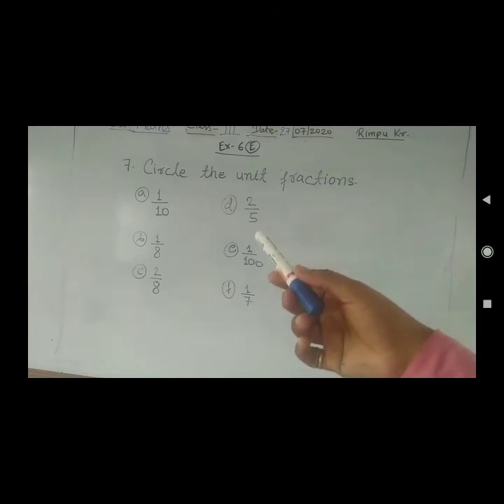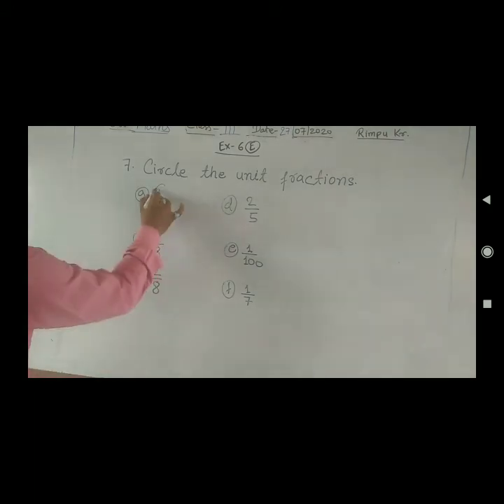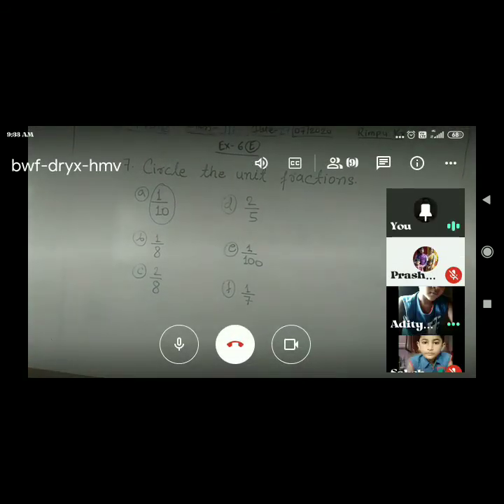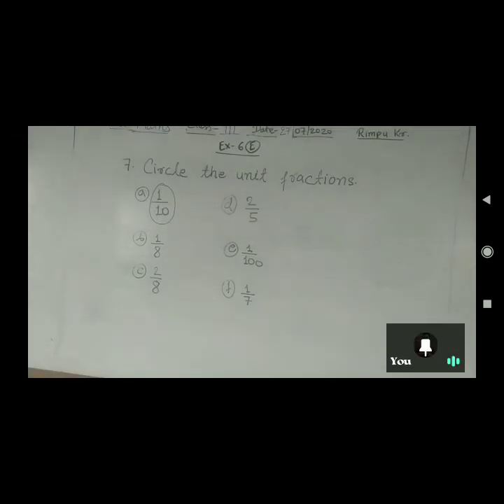Like this 7a, numerator is 1, that means it is a unit fraction. 1 by b. Once again you can check question number 7b, its numerator's value is 1, that means it is also a unit fraction. You have to circle it according to the question.